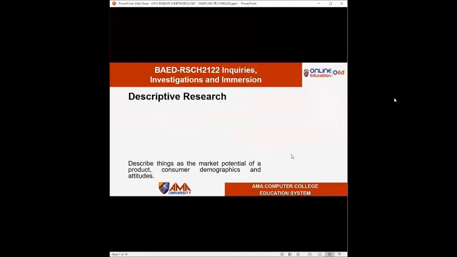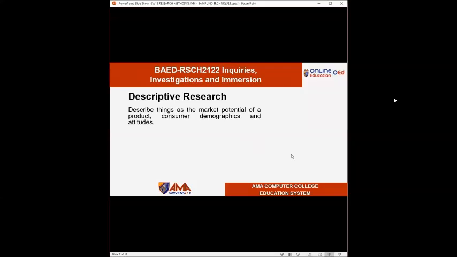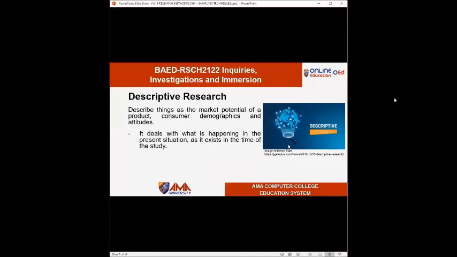Descriptive research. Ang descriptive research naman, it describes things as the market potential of a product, consumer demographics, and attitudes. It deals with what is happening in the present situation as it exists in the time of the study.